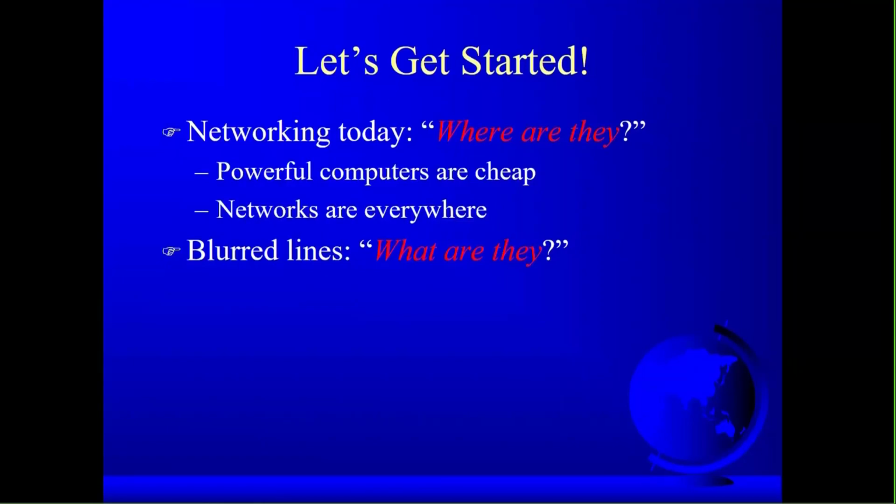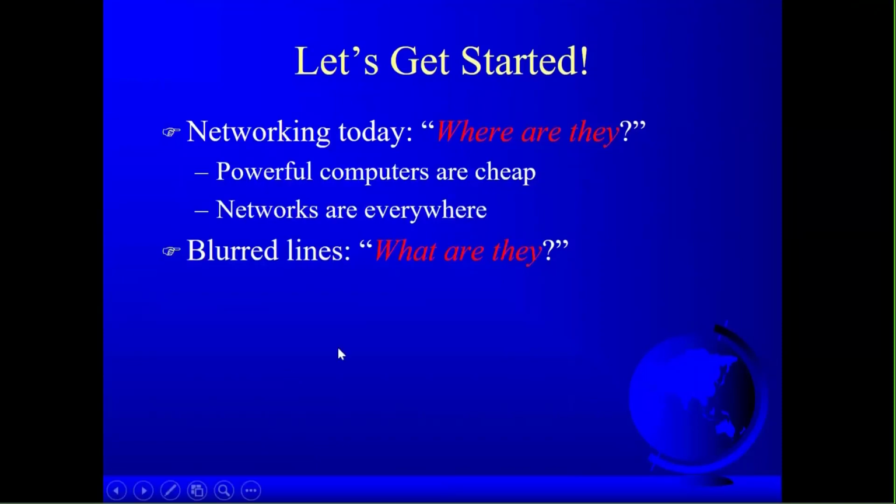Everything is connected because everything is cheap. Everything is super fast. Therefore, networking is everywhere. Even within the same computer, I have multiple cores, dual cores, communicating with each other. So yes, networking is everywhere because technology is very cheap. Internet of Things changed the way we think about networking because we can connect almost everything together.